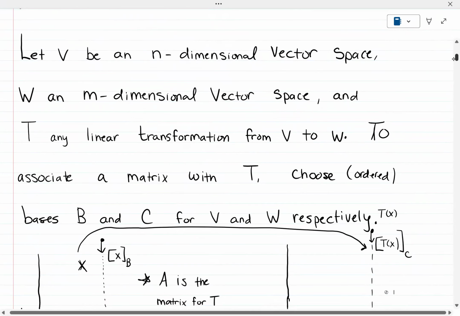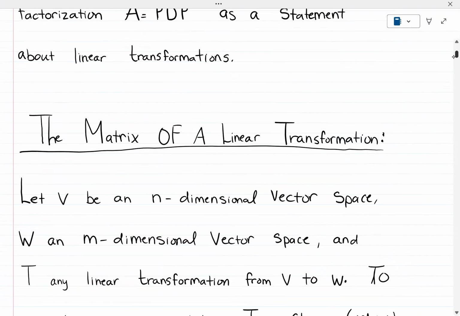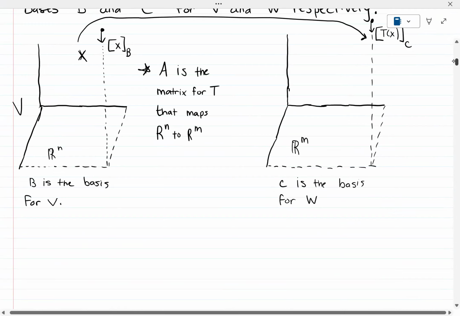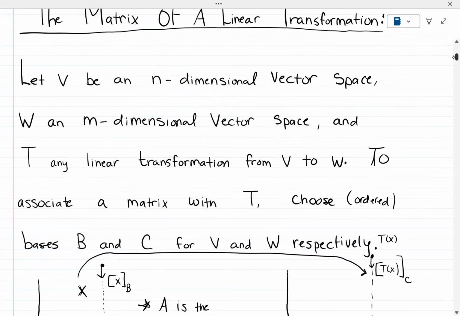Let me read it. Let V be an n-dimensional vector space, W an m-dimensional vector space, and T any linear transformation from V to W. To associate a matrix with T, choose ordered bases B and C for V and W respectively.